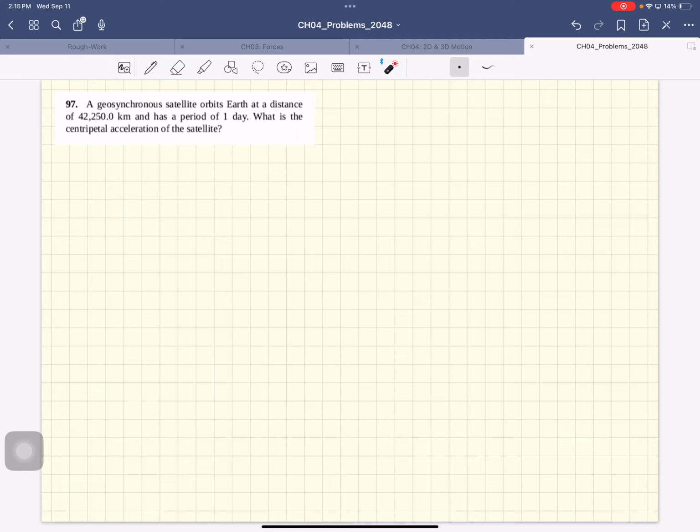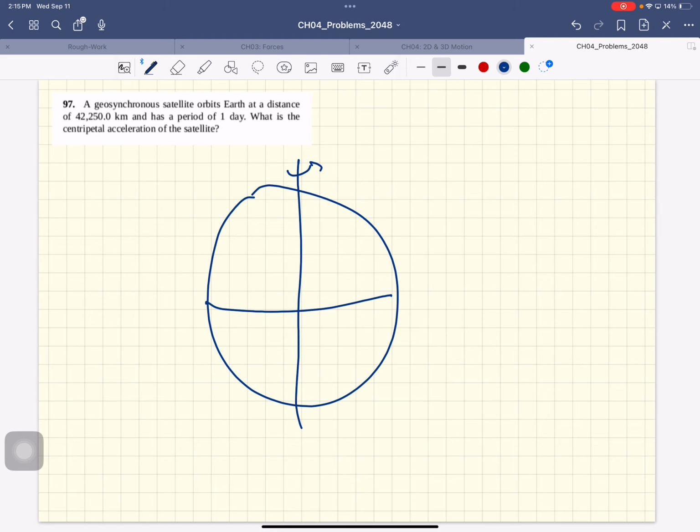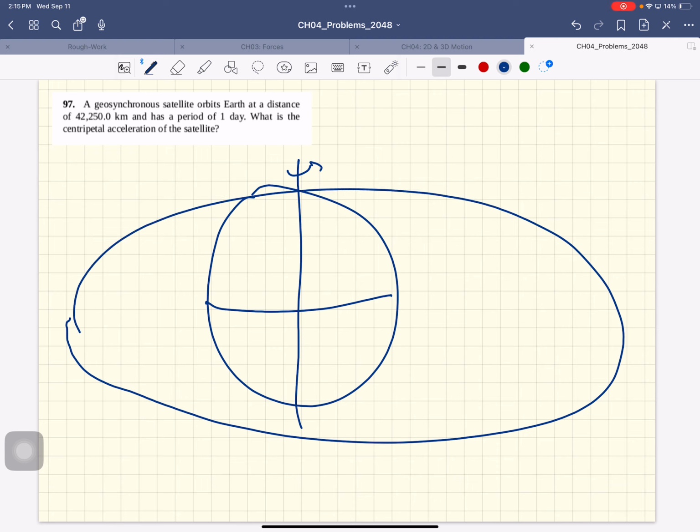So here's the Earth, rotating that way. Geosynchronous satellites have to be right above the equator, and this radius is 42,000 kilometers.